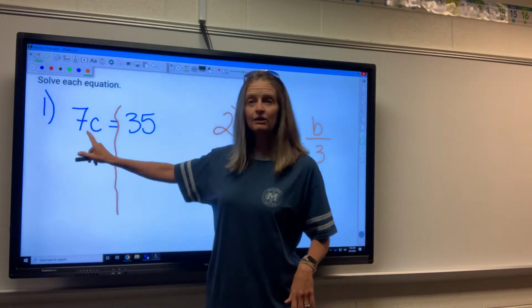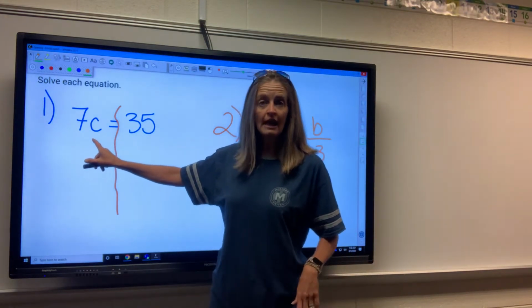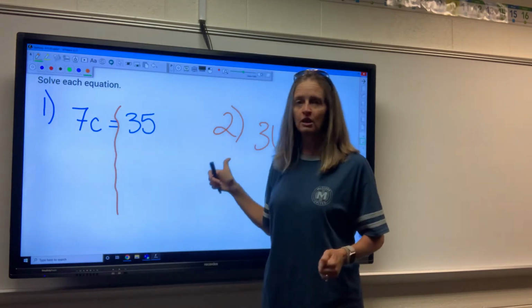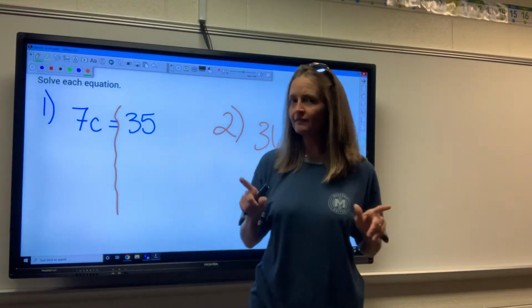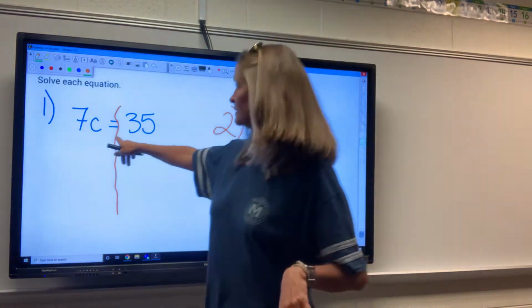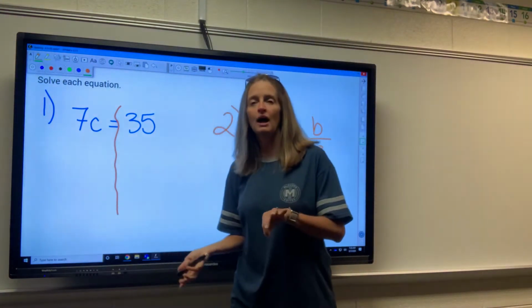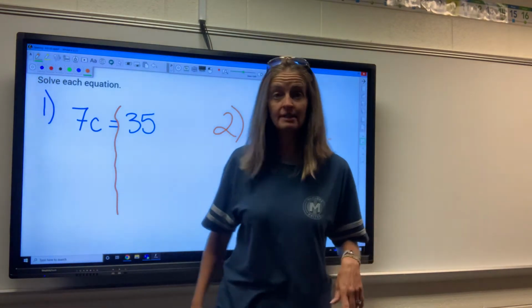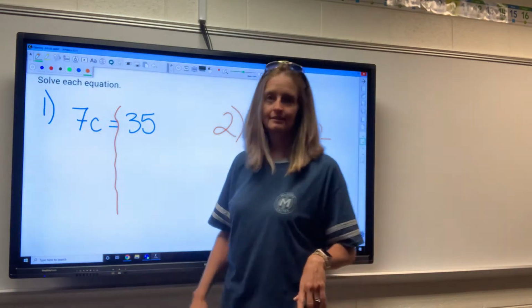And then I look to see what side the variable is on. I have to keep that variable there and get all of the numbers to the other side. Depending on what that variable and the numbers are doing, you're going to do the opposite on the opposite side. Those are called opposite operations.